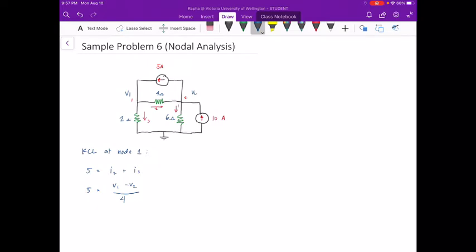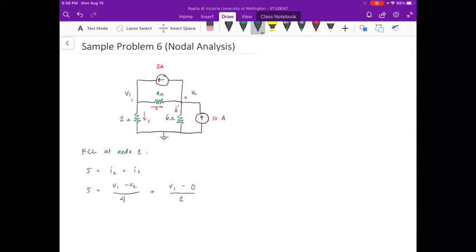So we have V1 minus V2. And the next part of this equation would be for I3, which is the branch current for the 2 ohm resistance. So we have V1, being the voltage at that branch, minus 0 since it is connected to the ground, over 2.